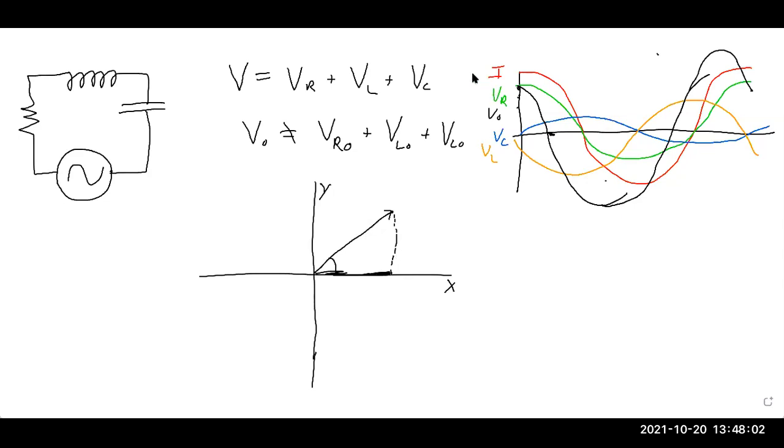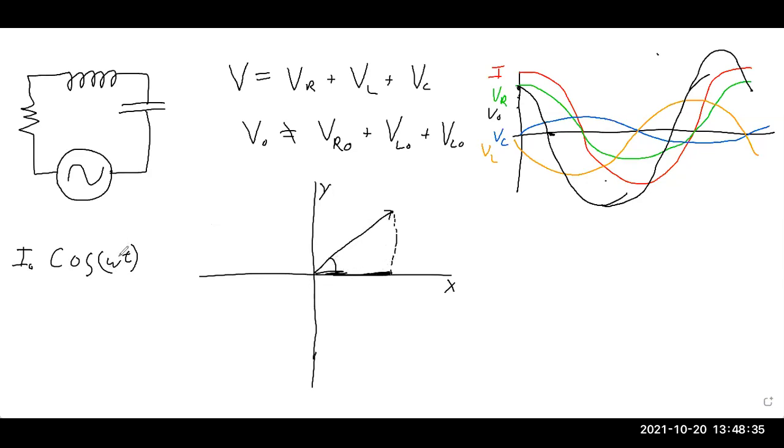So current times the cosine of omega t, we can keep our current magnitude as a constant because it is, and then make an actual triangle to figure out the cosine component we need.